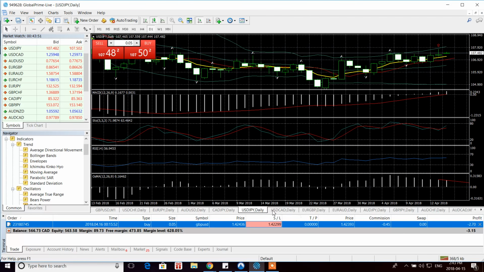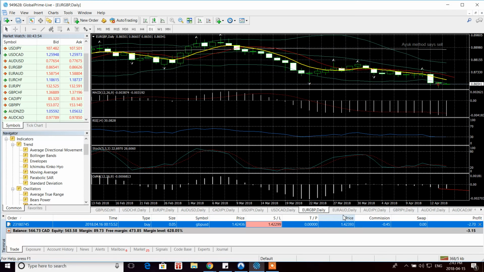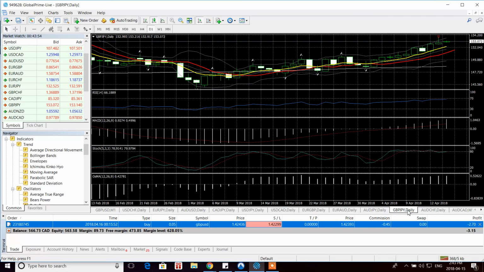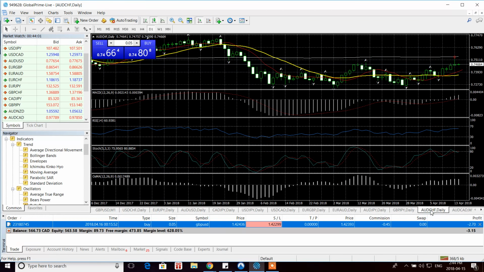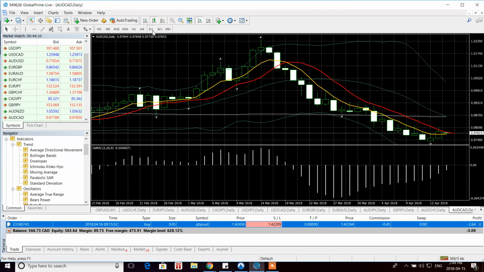Where's that one that I thought was going the other way? I thought it was going to turn. Okay, so this one's going up. This one here I expect it to go up.